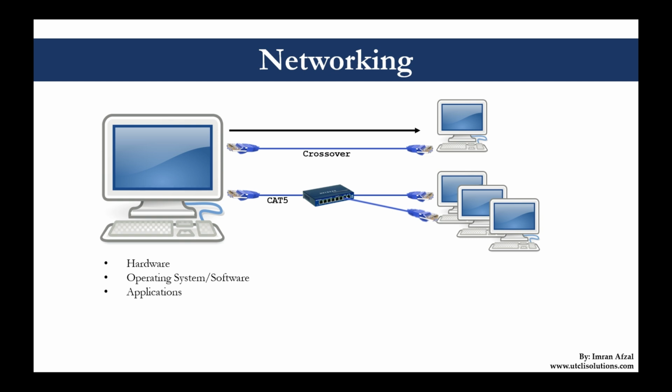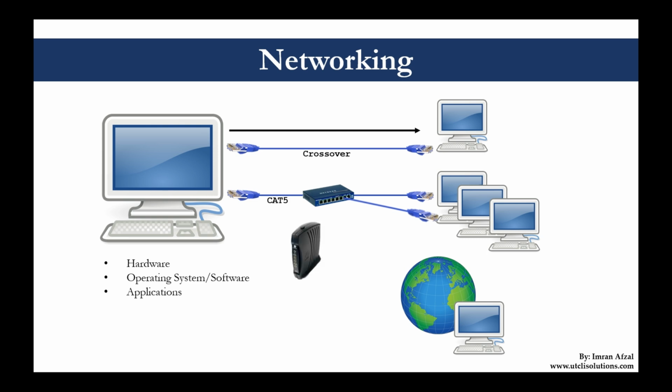Now comes a question: what if there's a computer out on the internet, or it's somewhere in another location or another part of the world, and you want to talk to that computer? Then, of course, you need a modem from your ISP, or your internet service provider. So in my location, I have a service provider like Cablevision or Optimum or Fios.